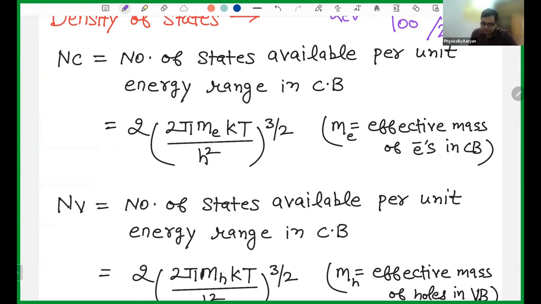So now what is the mass here? This is known as the effective mass of the electron. Now I am coming to the effective mass. The mass of electron when it is completely free, and mass of the electron when it is bonded are two different things. Why are they two different things? Because of the wave nature of the electrons.